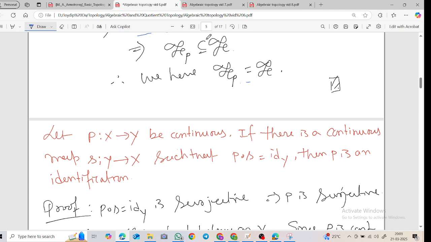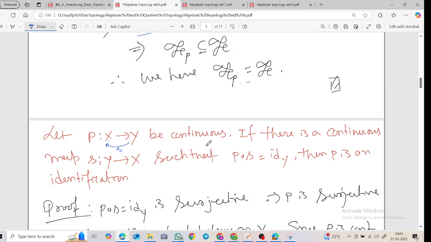So first of all, P is a map from X to Y, and from Y to X there is a map S such that P compose S is identity. Then they are saying that P is an identification map, that is, P inverse U is open in X if and only if U is open in Y.